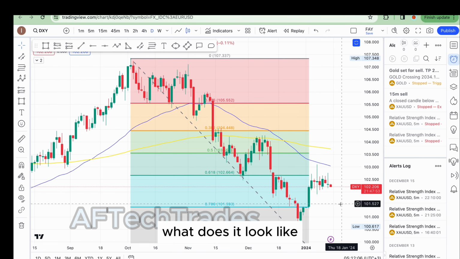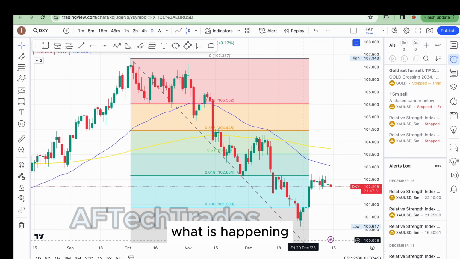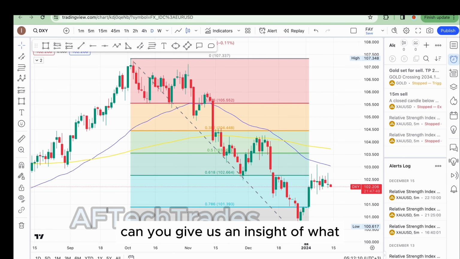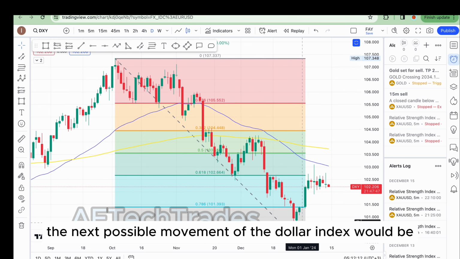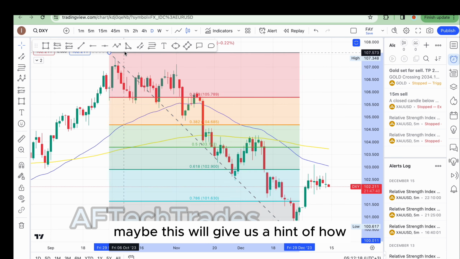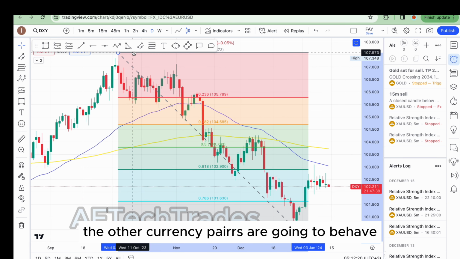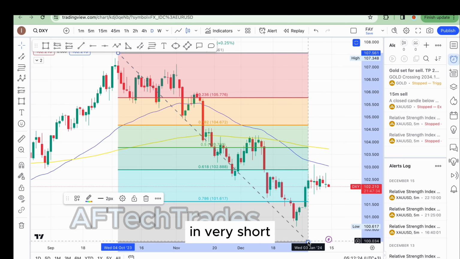What does it look like? What is happening? Can it give us an insight of what the next possible movement of the dollar index would be? Maybe this will give us a hint of how the other currency pairs are going to behave in very short.